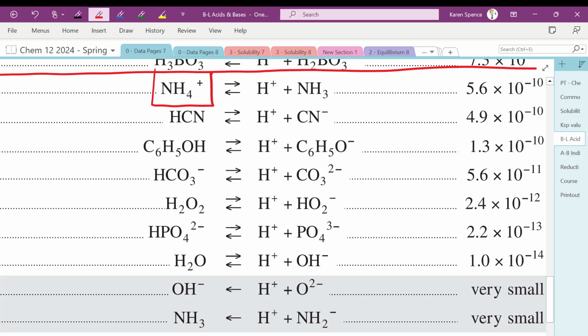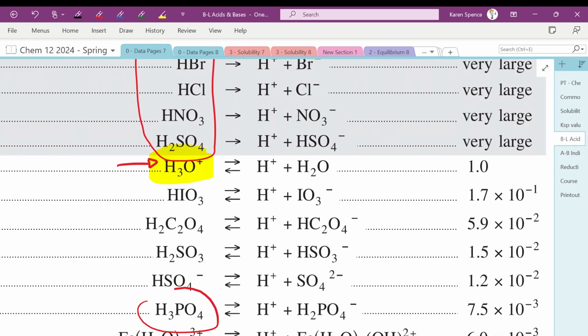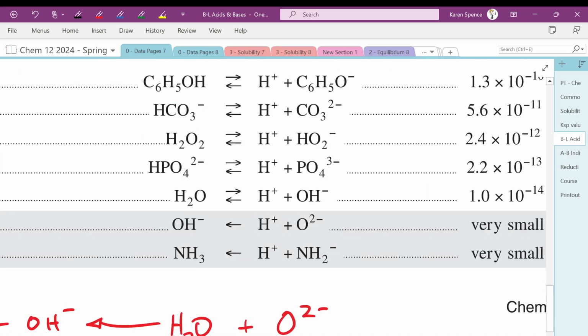Now remember, up here, when we were looking for the strongest acid that can exist in water, we had the hydronium ion. Who is the strongest base that can exist in water? Nope, OH-. You're just backwards.